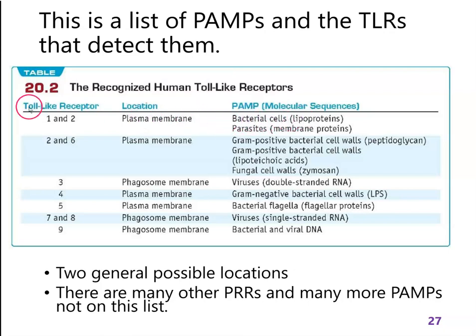So these are the PAMPs, and these are the toll-like receptors. This is not something you have to memorize. I don't care if you remember which toll-like receptor goes to which PAMP. What I care about is that you look at this pattern I'm going to show you. So what we see is some PAMPs over here, and these are just different things that you'd only see in pathogens or only in microorganisms that have invaded our body.